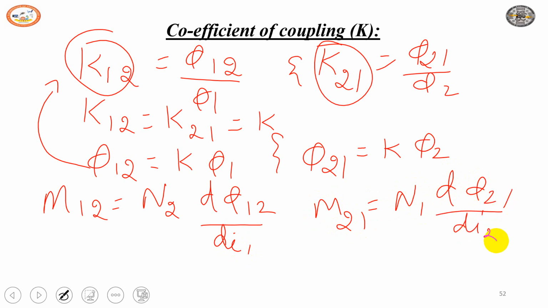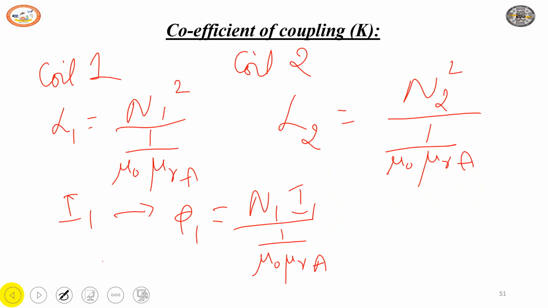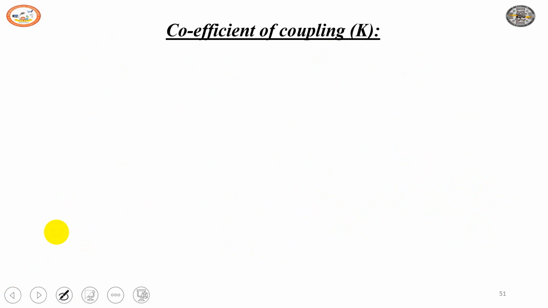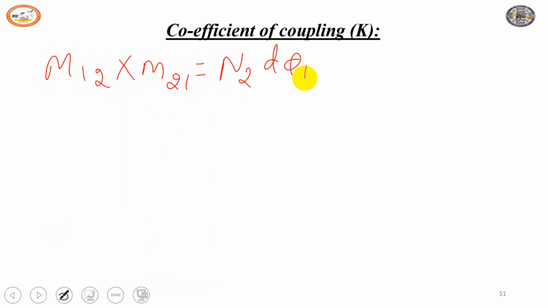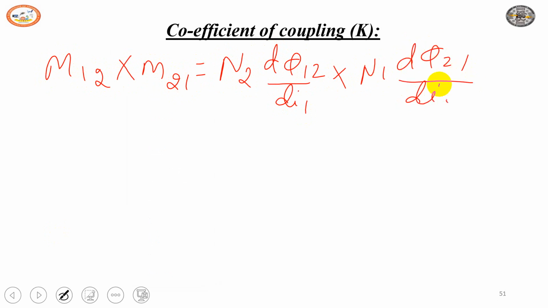Continuing with this, multiplying both, M12 into M21 will give N2 into d phi 12 divided by di1 into N1 into d phi 21 divided by di2.